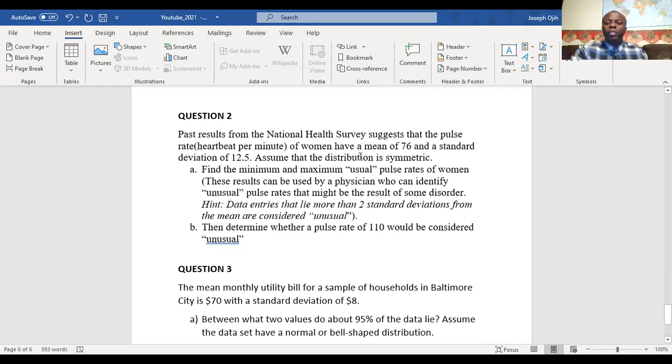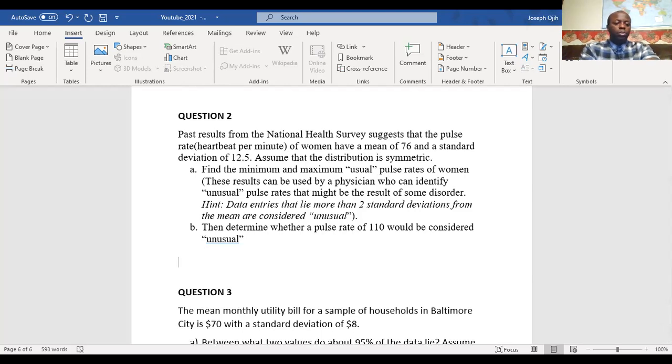Assume that this distribution is symmetric. Again, remember that statement of symmetry. Find the minimum and the maximum usual pulse rate of women. Then determine whether a pulse rate of 110 should be considered unusual.